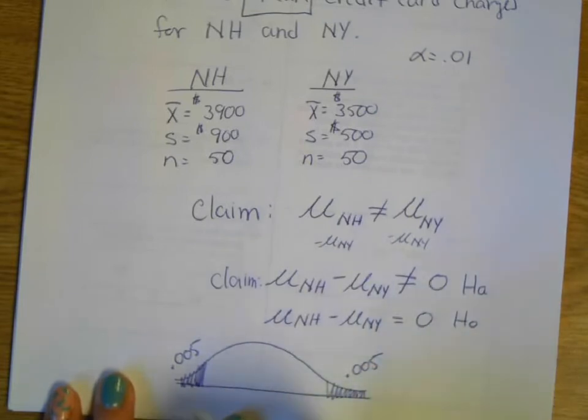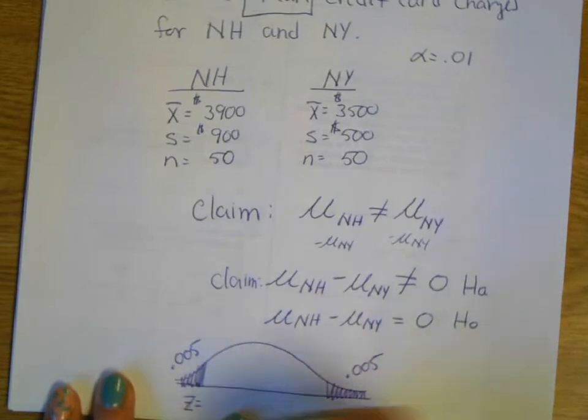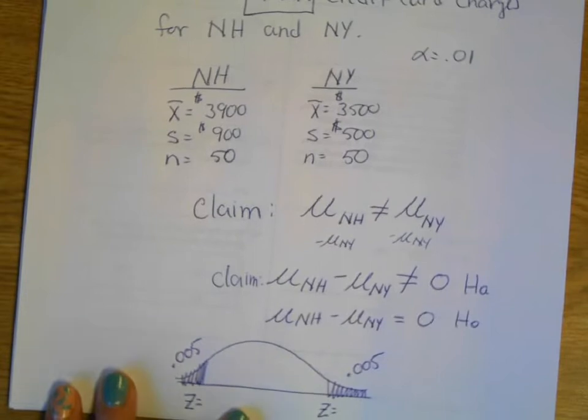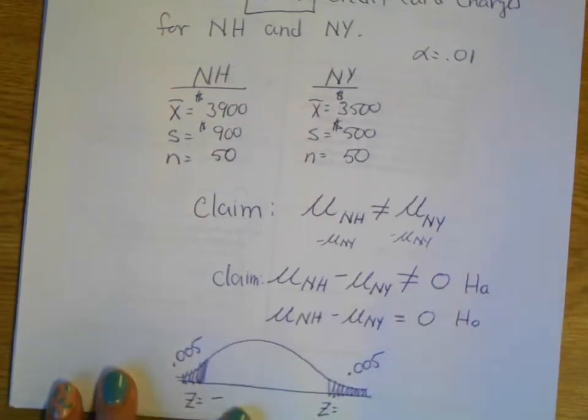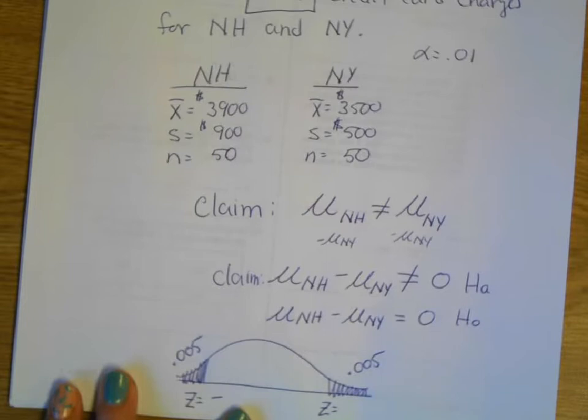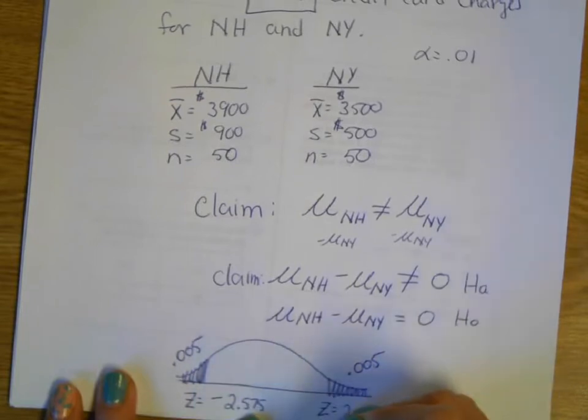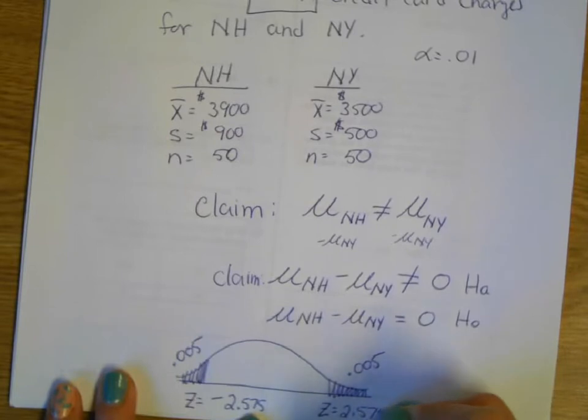Large samples, our critical values are z-scores. Negative 2.575, positive 2.575.